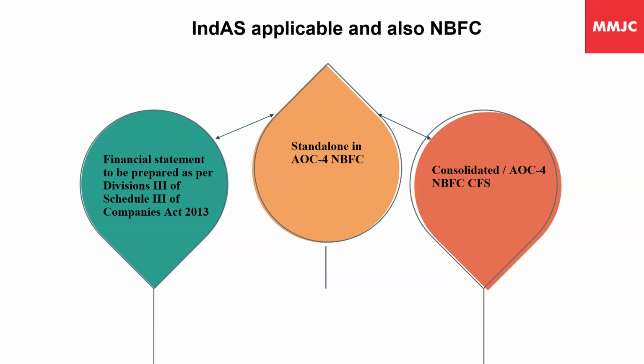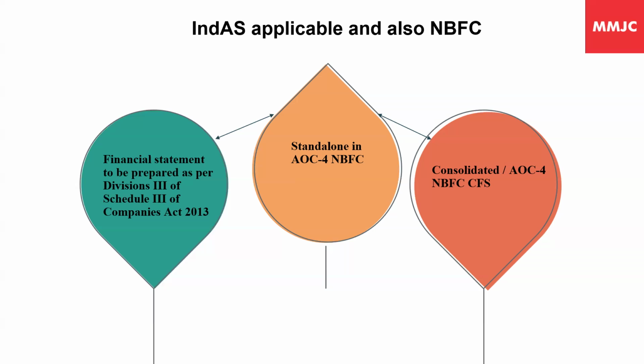I'll explain this with the help of an example. The provision that I mentioned just now, section 137, subsection 1, uses the words within 30 days of the date of AGM. So in this case, it includes the date of AGM while calculating the 30 days time limit.